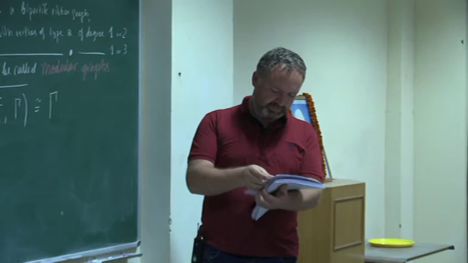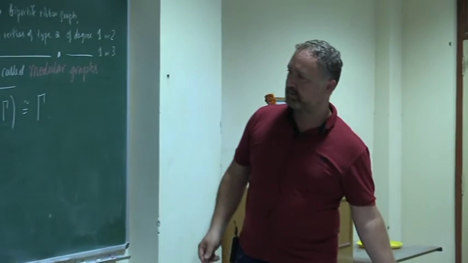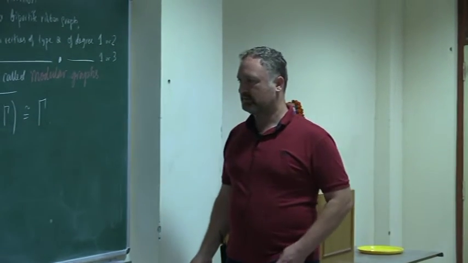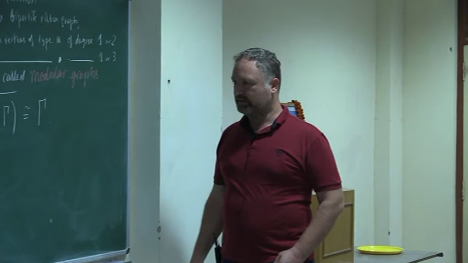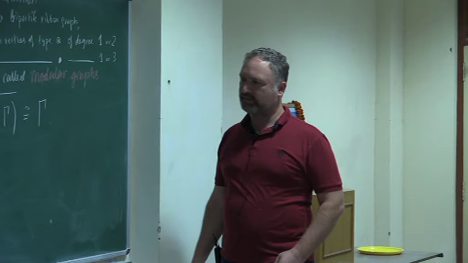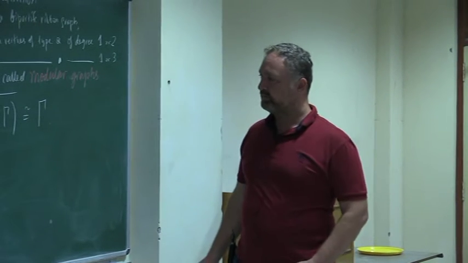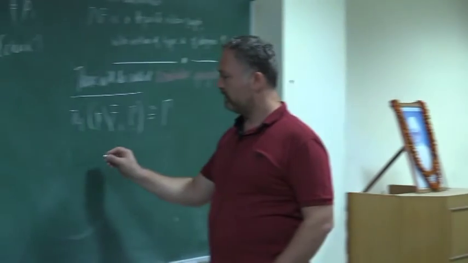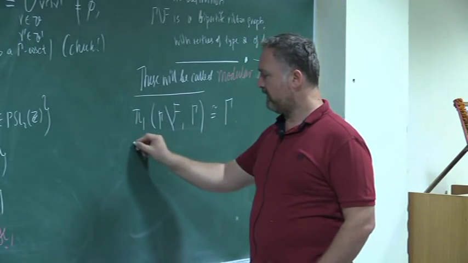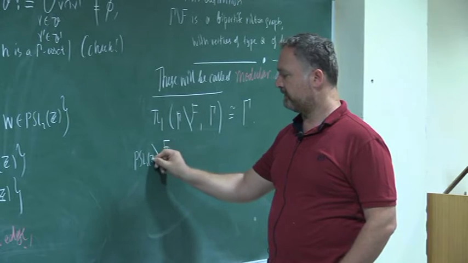So instead of explaining this theoretically, how to define the fundamental group and so on, let me give you some examples. It will be more direct and more understandable. For example, we can start by constructing the graph F over PSL2Z itself.